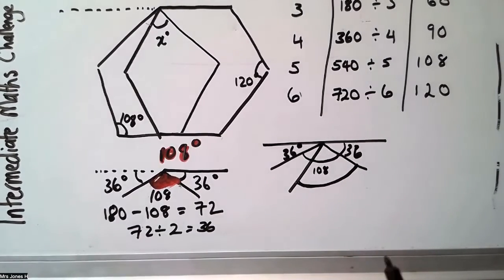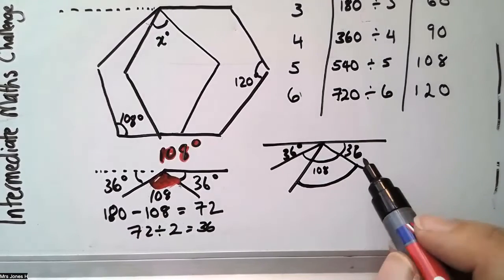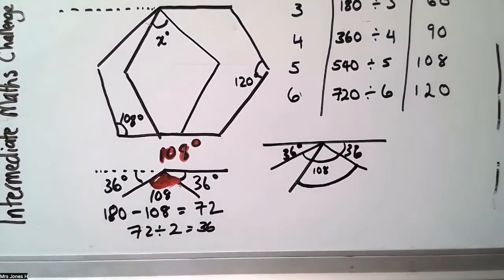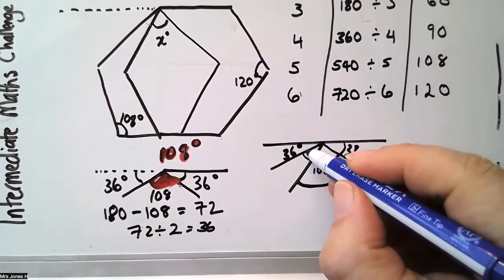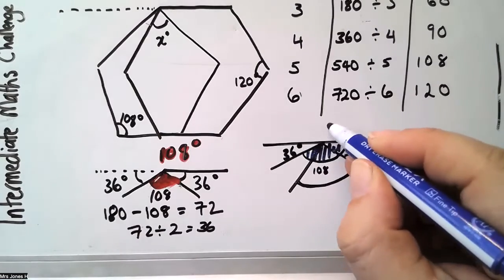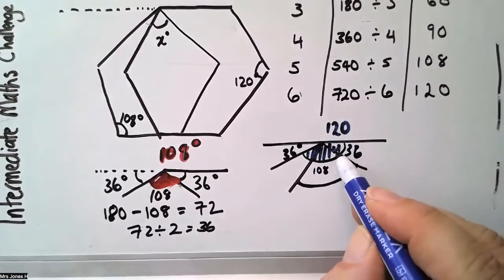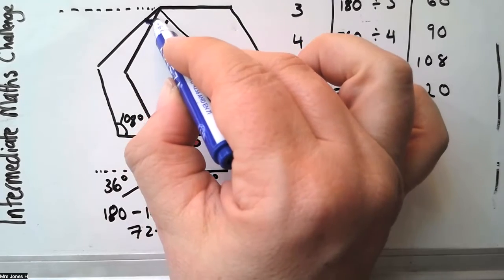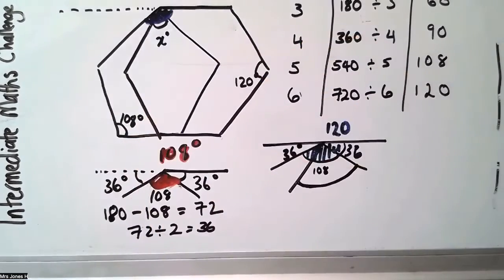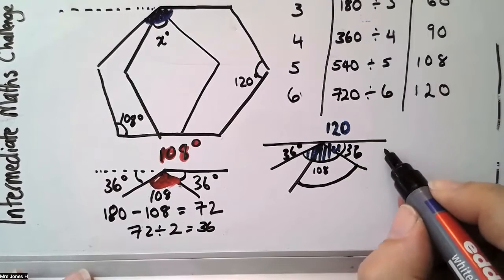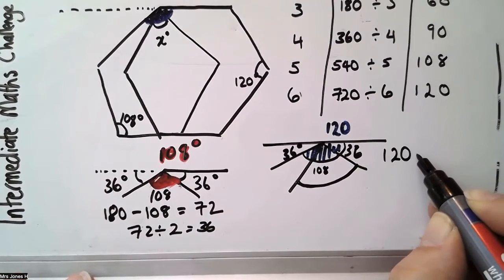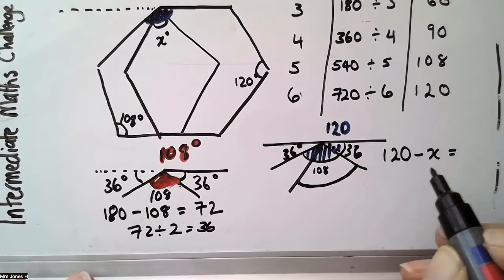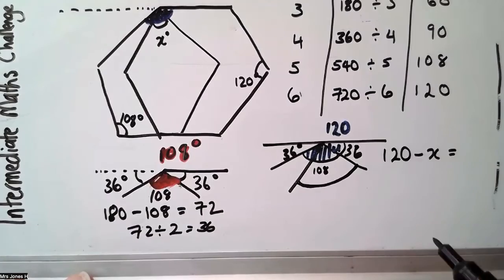I can work that out in a number of ways. I know that all of the blue is 120 because that is the angle inside a hexagon. That's this angle here across the whole of that. And I'm going to go 120 subtract x is going to be 36. That's the 120.